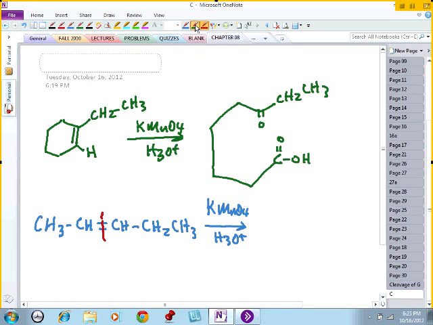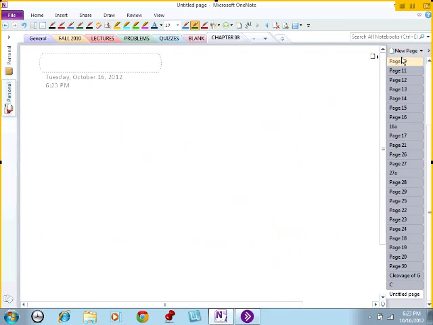Okay, so what do we have? We have this product here, plus, and that is this fragment right here, plus this product. Now, in another example, supposing we have this.